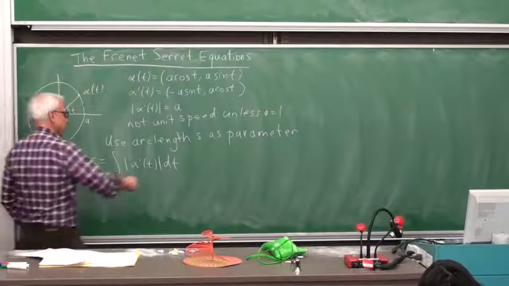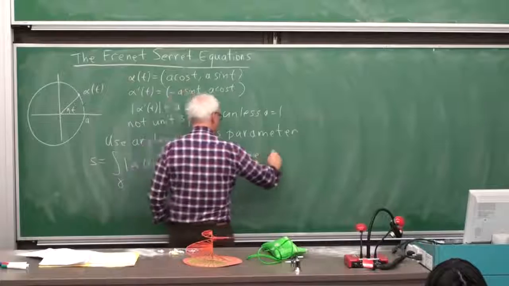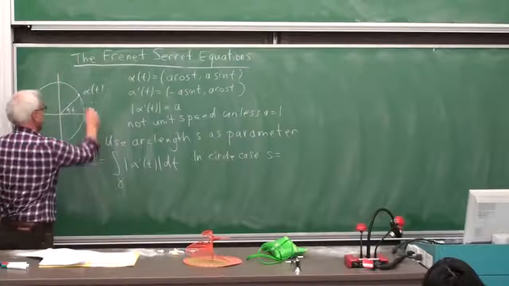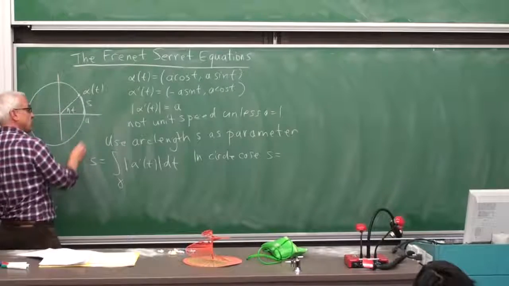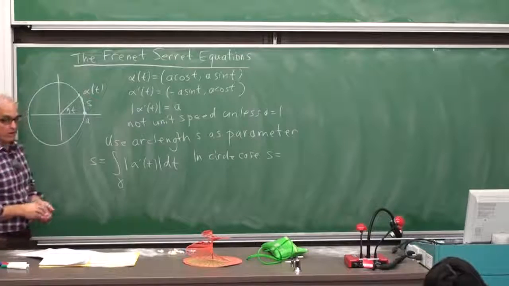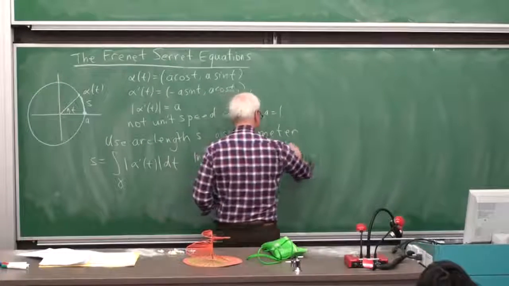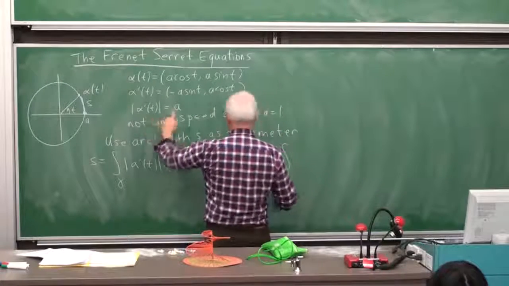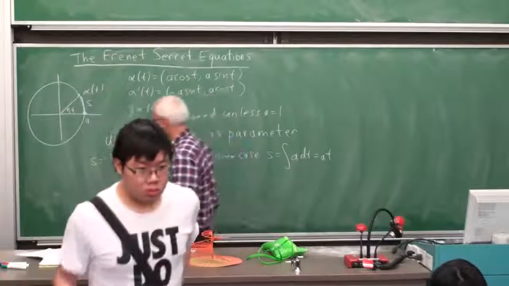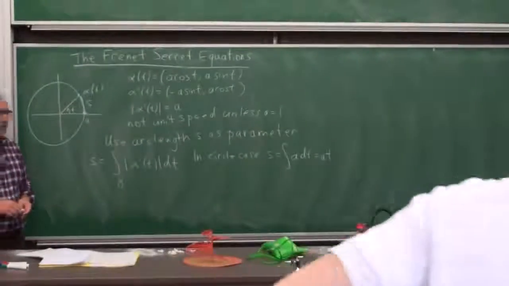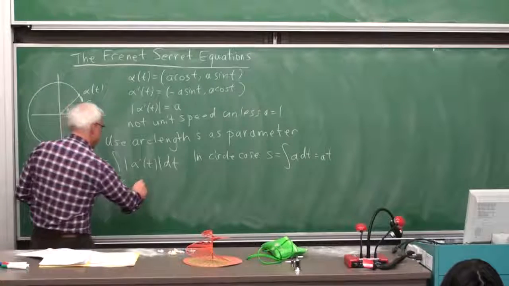So in the circle case, the arc length at a certain point, which we can denote by s, represents the length of the curve from wherever we started, let's say we're starting here, to the point where we're at. So in this case, s is just equal to the integral of a dt, so that's a times t. So we can reparameterize very simply just by replacing t with s over a.